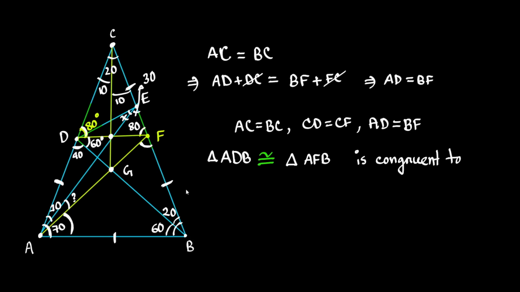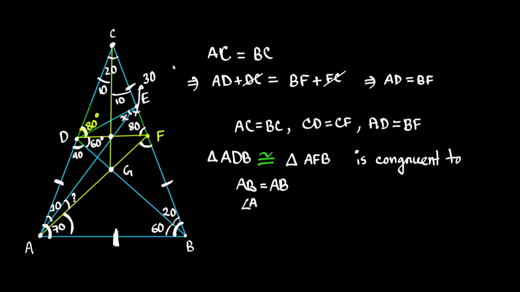Which means they are the same. Why are they the same? AB is a common side. And both angle A and angle B are equal, 80 and 80.